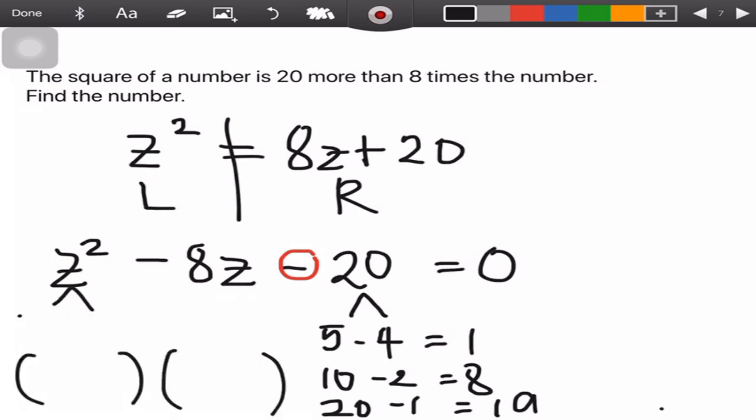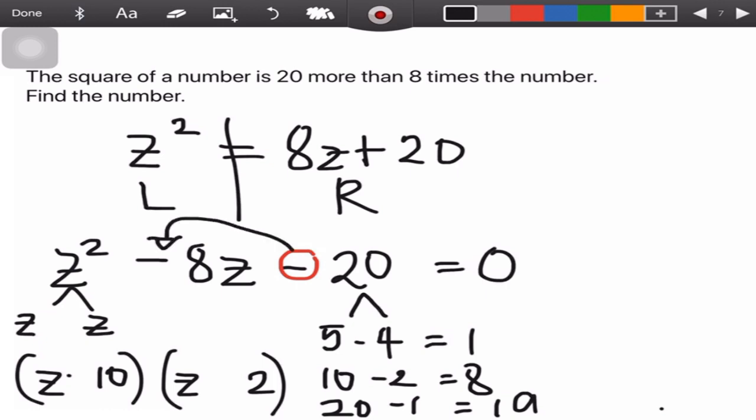Next, we will factor the first term, z squared. So z times z, and then we will write them in separate parentheses. And then we will use 10 and 2. Since our third term is negative, we will use opposite signs. And then the sign of the middle term will be followed by the higher factor.